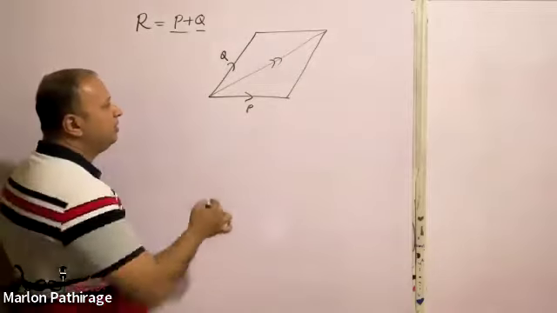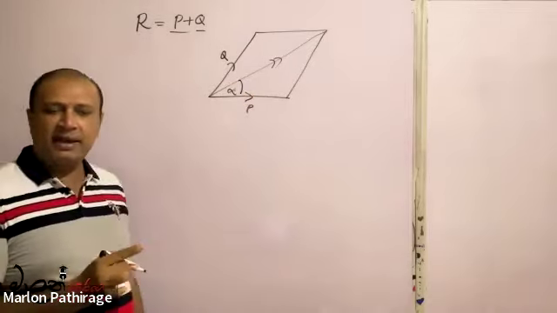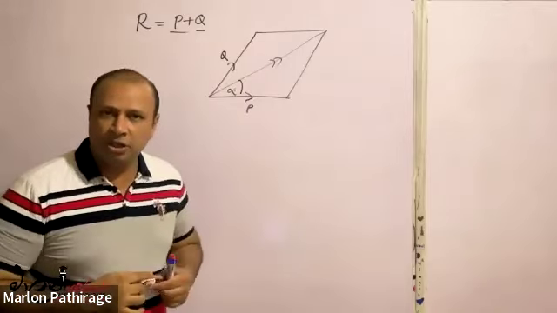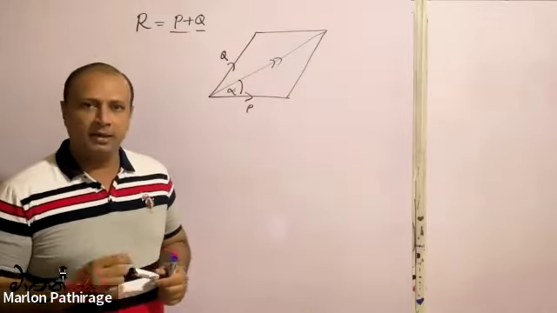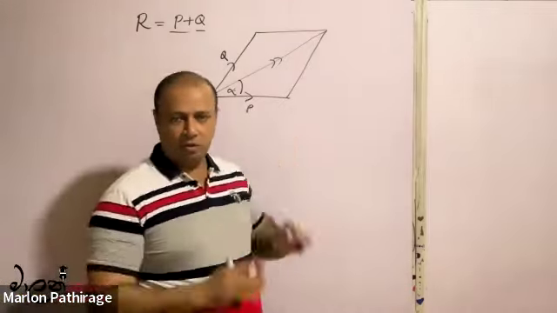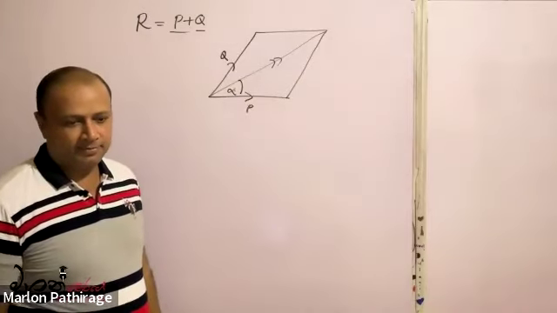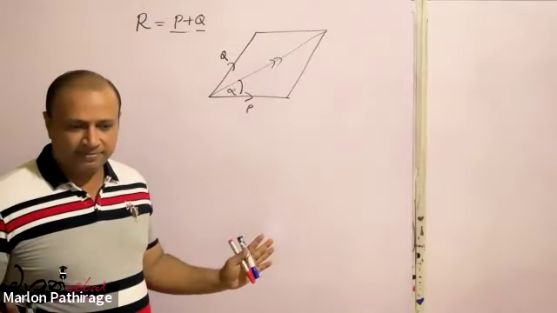Then we can determine this angle, and from that angle I can determine the direction of the resultant vector. So this diagonal gives the magnitude only, and the direction is given by this angle. Are you clear with this?